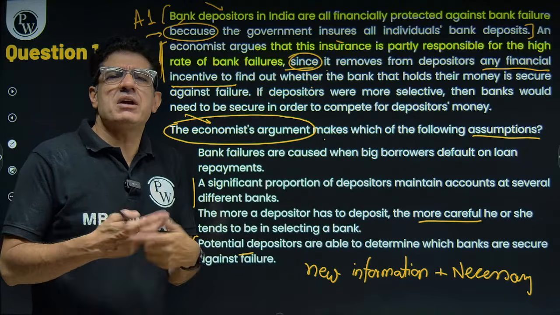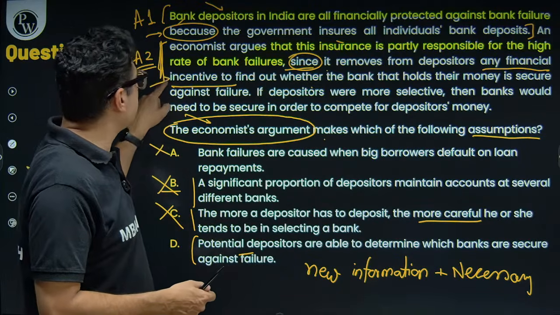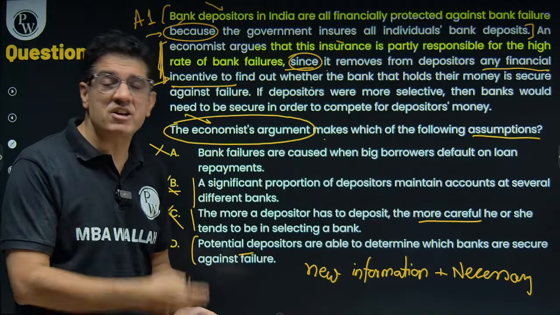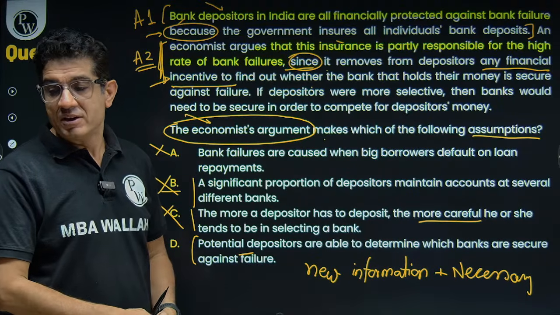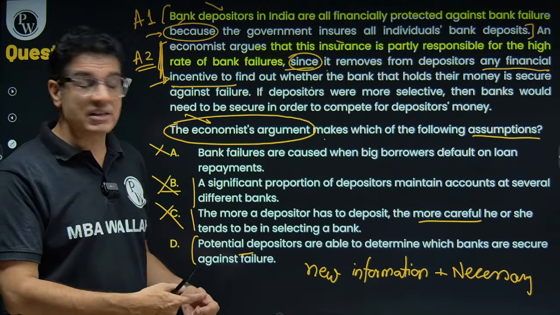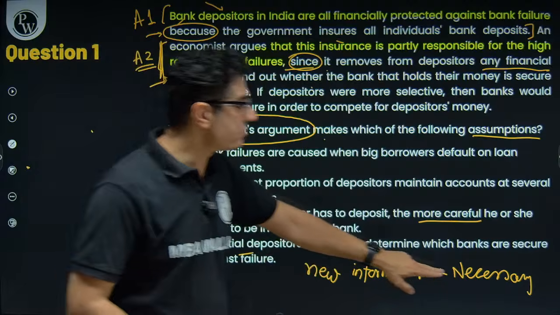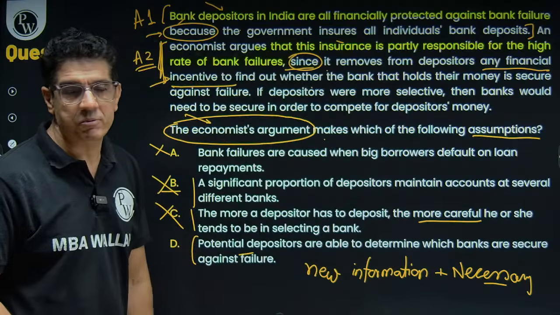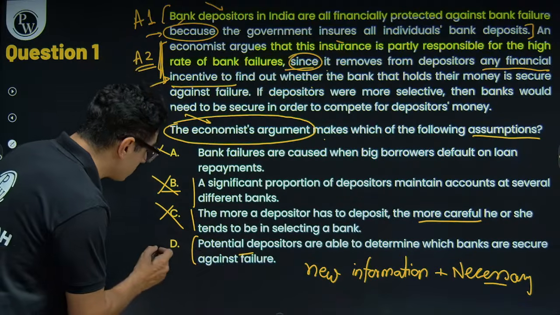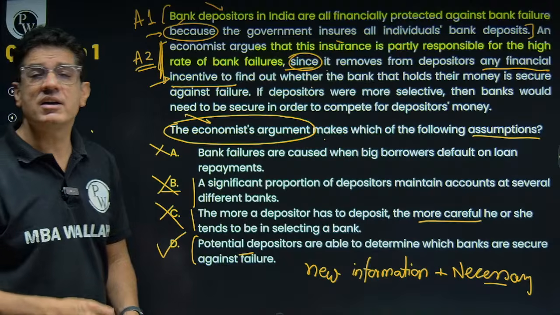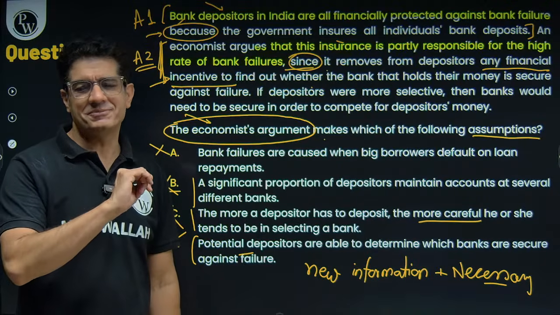They don't even have the ability. So even if you give them a financial incentive, they will still not be able to do it. So D gives you a necessary piece of information for the conclusion, and that is why the correct answer here is option D.